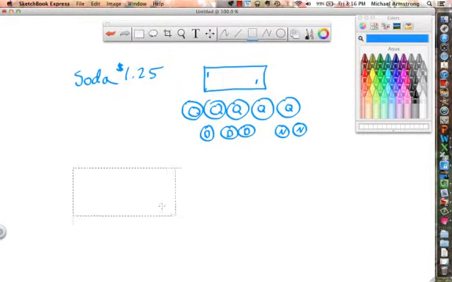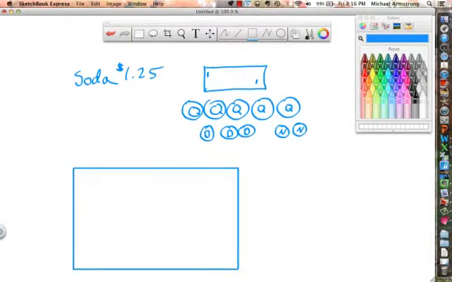Let's start with a square like this. And I don't know how big it needs to be. Let's make it that big. Okay, and then I'm going to make some lines. And right up here, we're going to start with our $1, and then we're going to have our quarters.